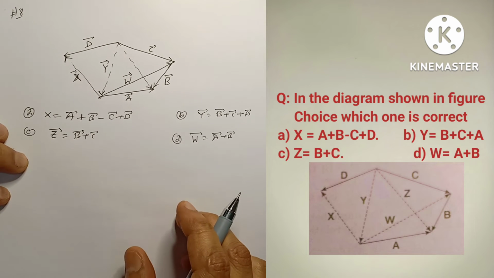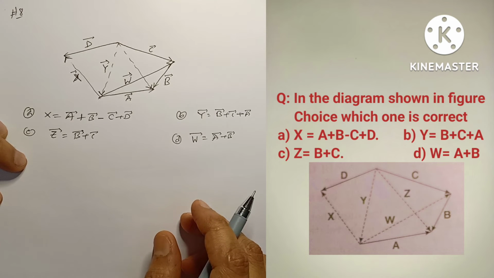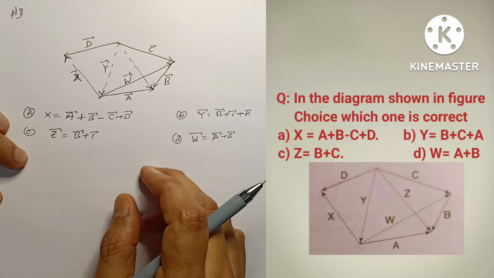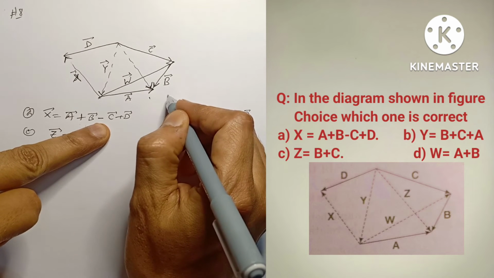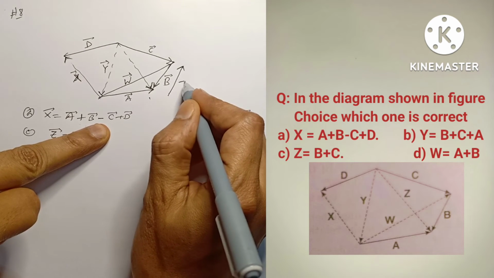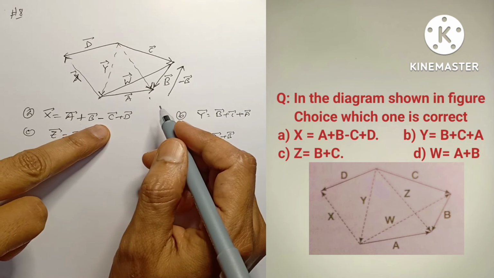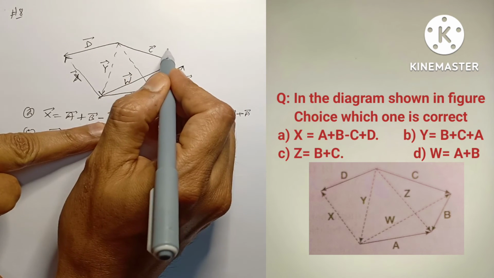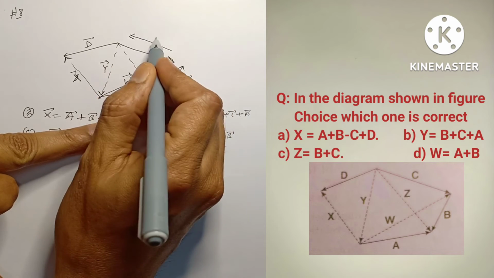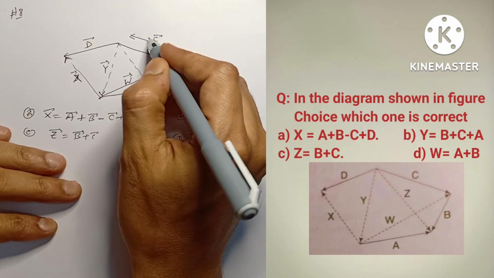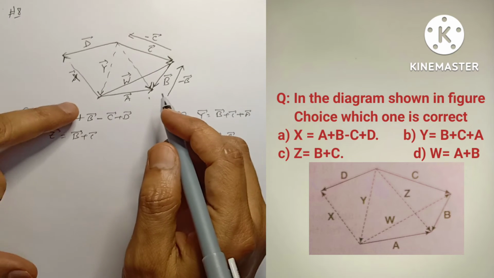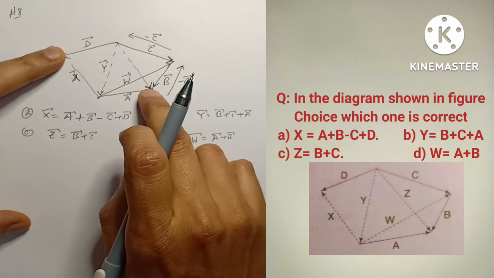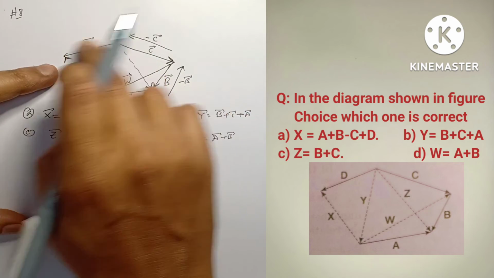Here in the next problem, in the diagram shown in the figure, a vector b along this direction will be minus b vector, and minus c means c vector along this direction. To find the x vector, we need to sum a vector plus b vector plus c vector plus d vector.